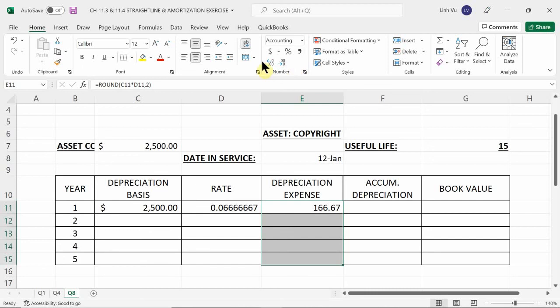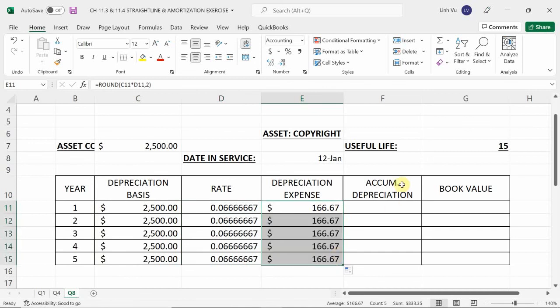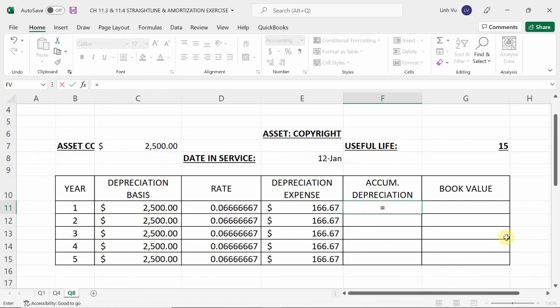So we're going to have the rate the same, basis the same, and depreciation expense the same. Now the accumulated amortization, okay, what is it? It's previous year. Do you have a previous year? Not yet. Okay.